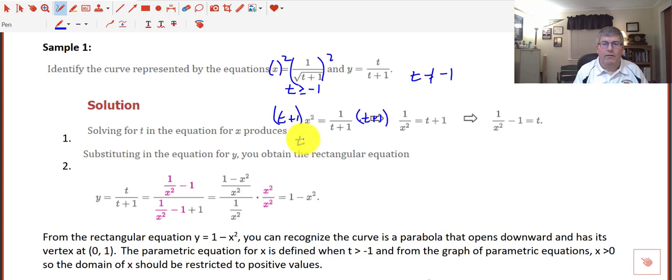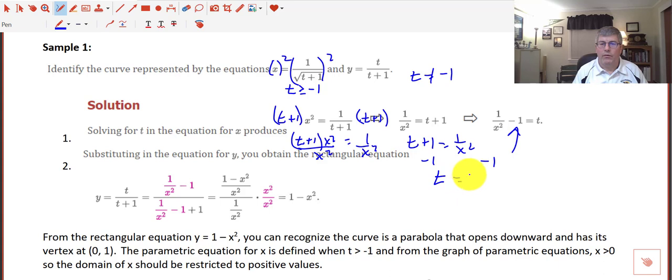So we got t plus 1 times x squared equals 1. We divided both sides by x squared, and we ended up with t plus 1 equals 1 over x squared. Then subtracting 1 from both sides, we end up with t equals 1 over x squared minus 1.